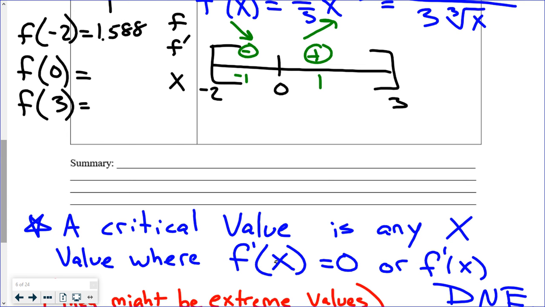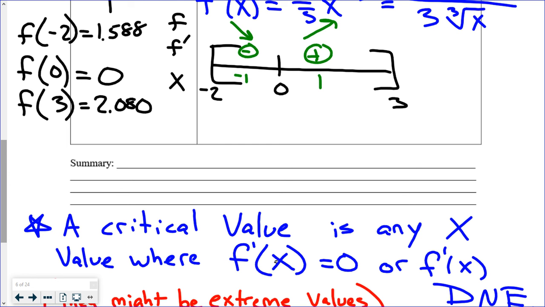So the last thing to do is to decide which of these are local, which of these are absolute. So this left endpoint would be a local maximum. The function starts somewhere and then decreases for a while. But I know it's local because on the other side is a higher point.